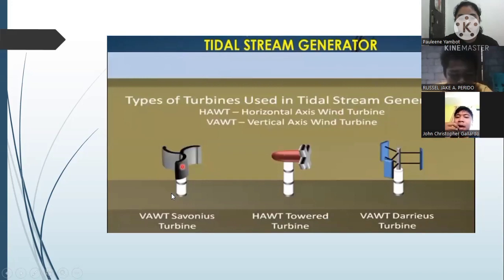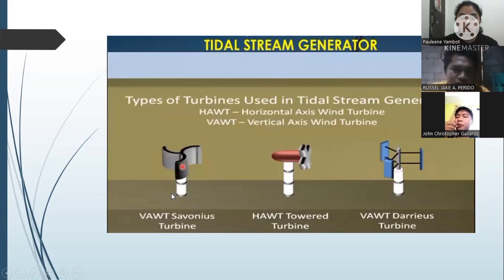Types of turbines used in tidal stream generators. HAWT or horizontal axis wind turbine, then VAWT or vertical axis wind turbine. Sa una, yung VAWT, makita nyo dito na Darrieus turbine, bihira po natin siyang makita.